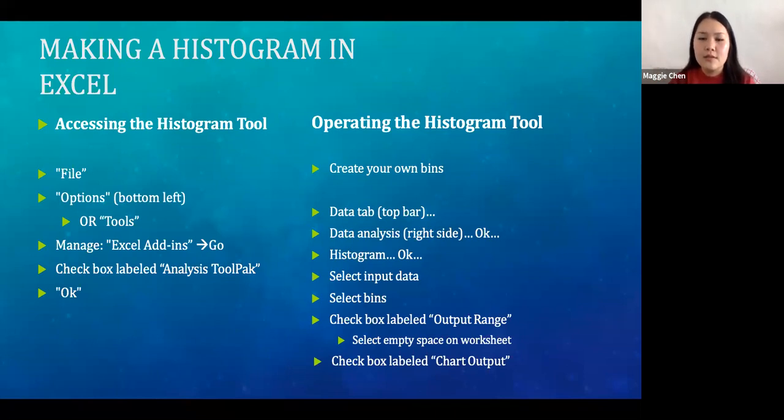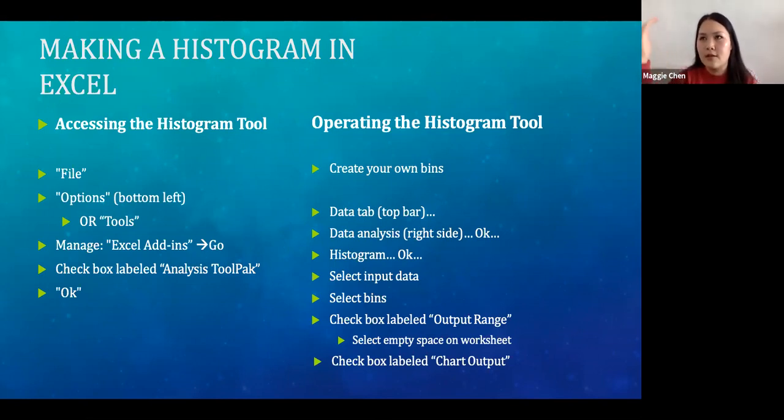To operate the histogram tool, you're first going to create your bins. A couple slides ago, we saw that bins are the ranges that we want within our histogram. We type them out, then go to the Data tab in Excel. Data Analysis is a button all the way on the right side. Click on Histogram and put in our input data, the data values we're looking at.